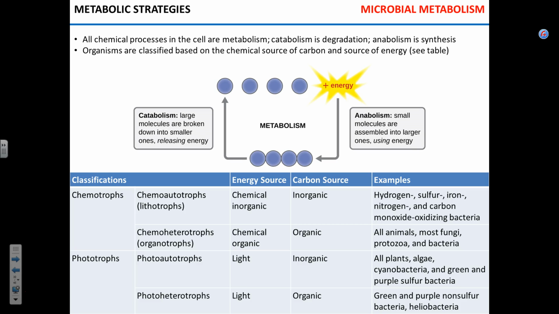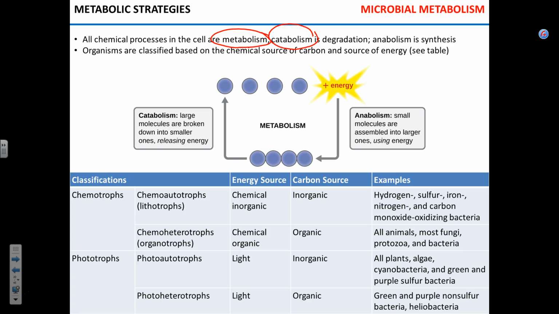To grow. So essentially, if you think about what Chris just said, it's a bunch of chemical reactions. So metabolism is the chemistry of the cell, right? And reactions when cells break down large molecules to smaller ones are called catabolic, the reactions of degradation.